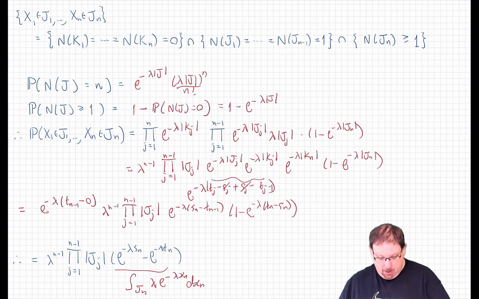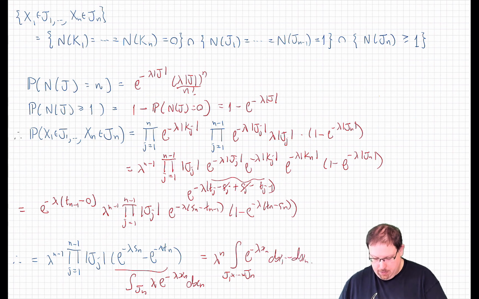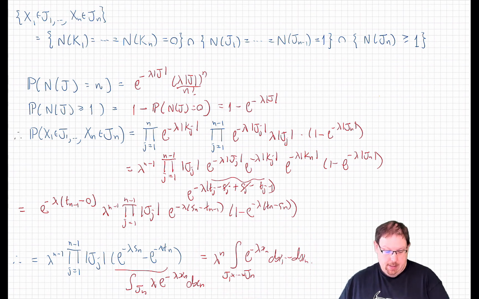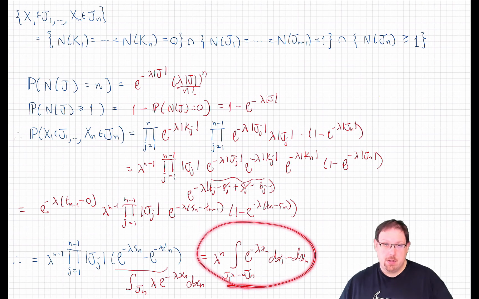And so putting this all together and incorporating this lambda with that one, we get lambda to the n, the integral over the product of all of those intervals, e to the minus lambda xn dx1 through dxn. And there's our very simple formula for the probability that the arrival process x1 through xn vector lies in this product of intervals. That should, of course, look familiar to you.